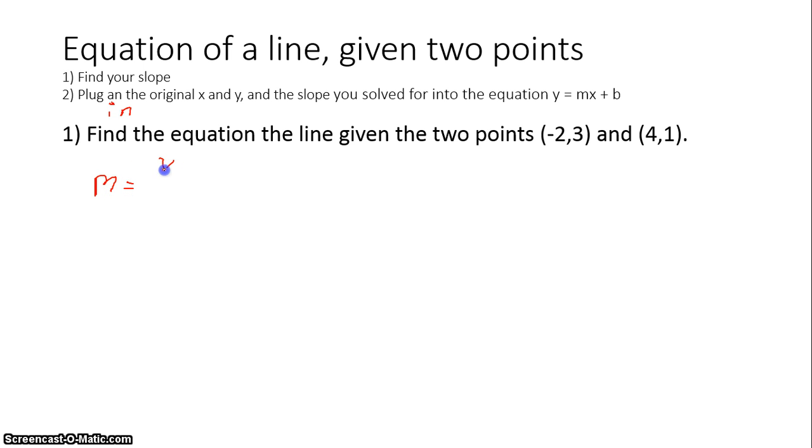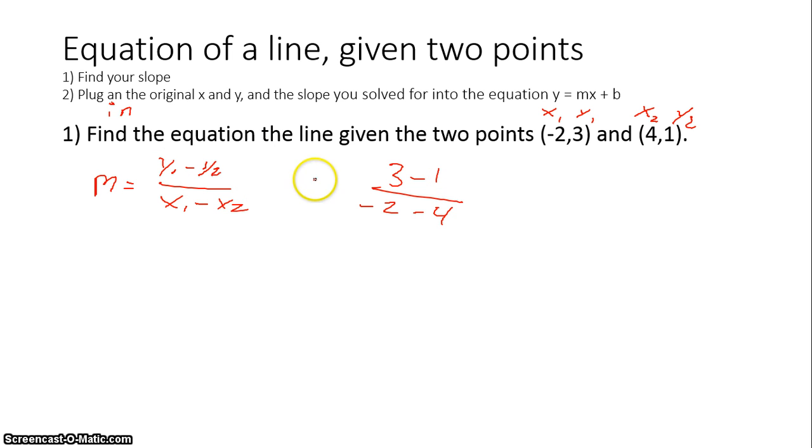m equals y1 minus y2 over x1 minus x2. So again, we have our x1, y1, x2, y2. So 3 minus 1 over -2 minus 4.